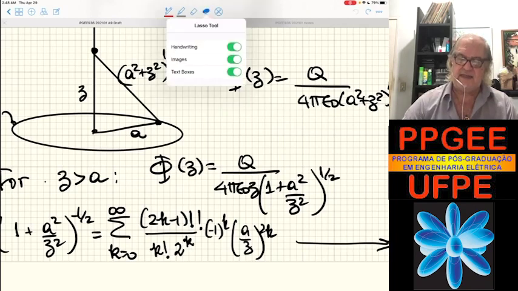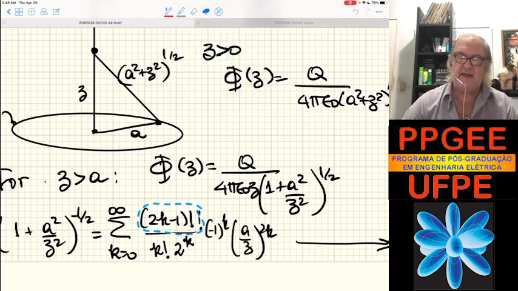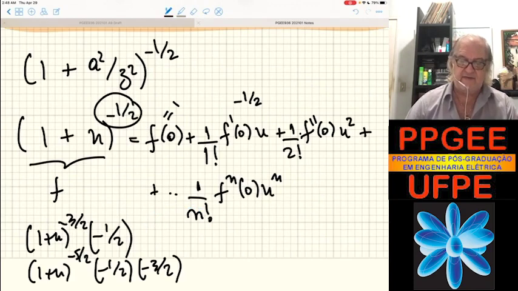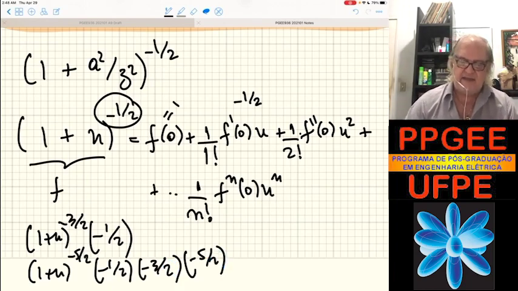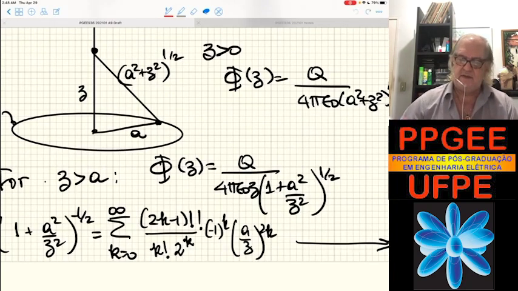You can notice that you have a double factorial here, because you have 1 times 3, and the next one is going to be minus 5/2, right? You see that there are 2 squared, 2 cubed, 2 to the kth power, and you have a double factorial 1 times 3 times 5 here.